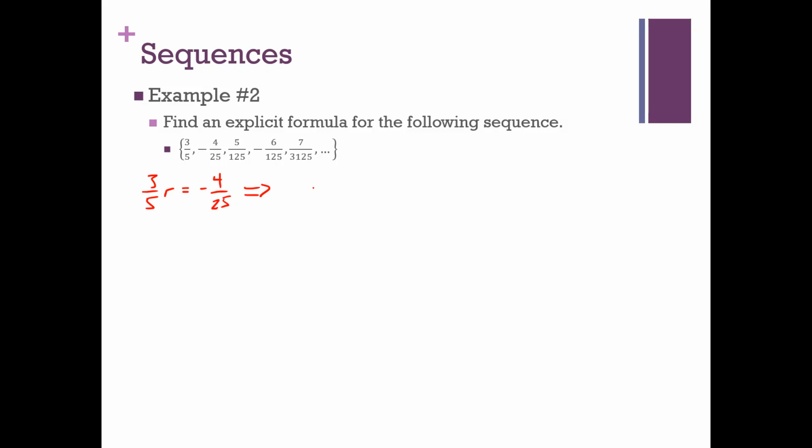Let's see if I'm investigating this geometric thing first, because if there is a common ratio, that's going to factor heavily into how we define this thing. So the ratio between the first two terms is going to be negative 20 over 75, so negative 4 over 15. If I multiply that by negative 4 over 25, do I get 5 over 125? No. So it's not geometric.